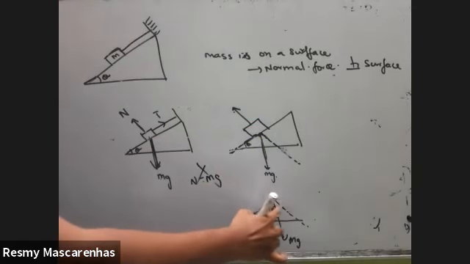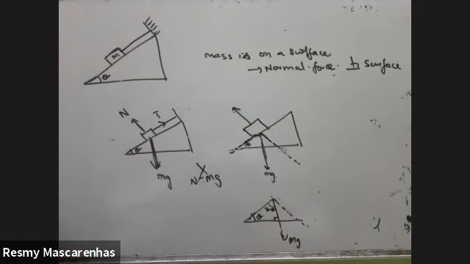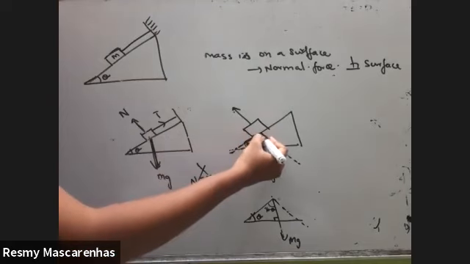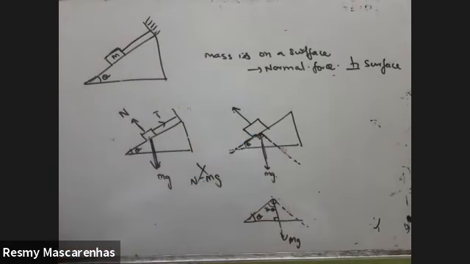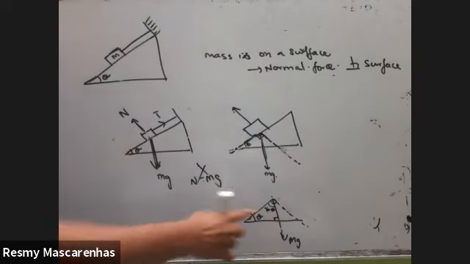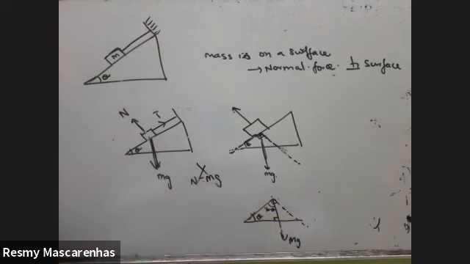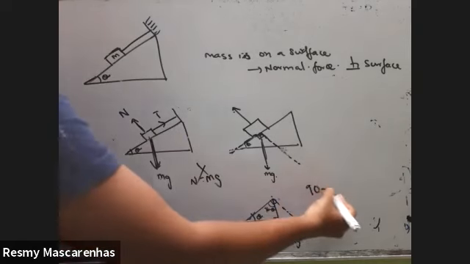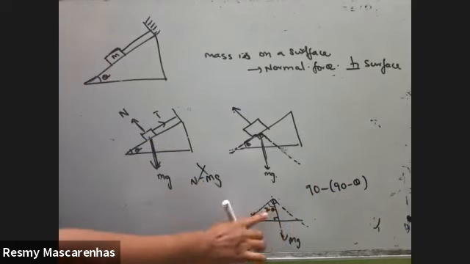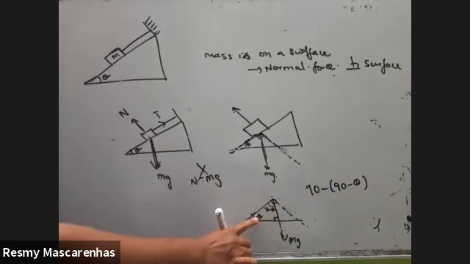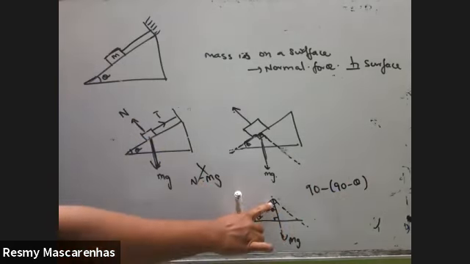If this is 90 minus theta, what will be this angle? Again, this is perpendicular. Whole thing is 90 degree. So how much will be this one, if this is 90 minus theta? Isn't it 90 minus 90 minus theta? Consider if this was 30 degree, this would become 60 degree.